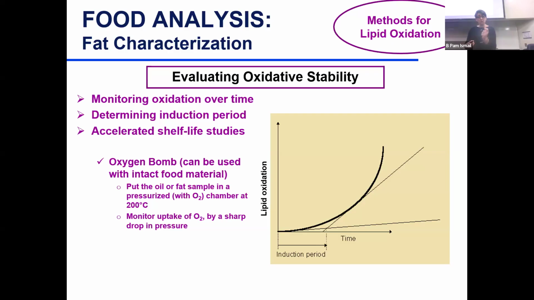The drop in pressure is an indication of oxygen uptake, because you pressurize this closed chamber that has your sample in it with oxygen, and oxygen reacts with the fat. So when fat starts reacting with oxygen, the pressure in the chamber would drop. When that drops, that would be the induction period for you.